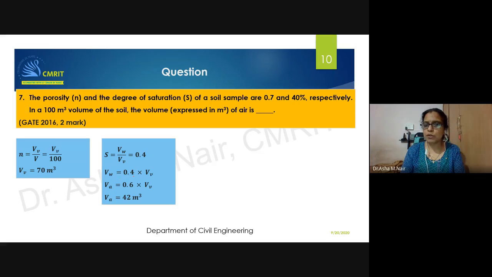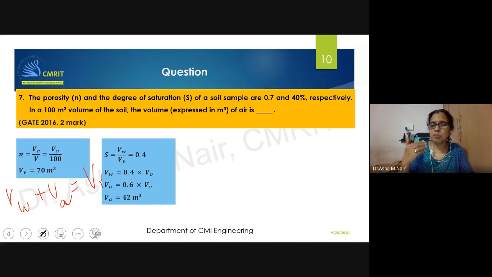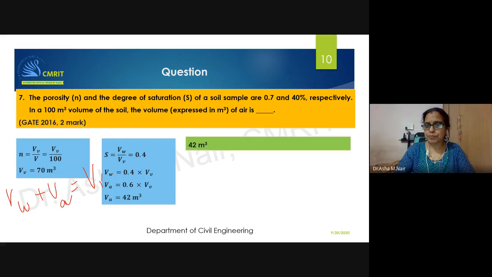So Vw value will be equal to 0.4 into Vv, which is 28, right? But you know that it is always Vw plus Va is equal to Vv. So if Vw is 0.4 times, definitely Va will be 0.6 times. So Va is equal to 0.6 of 70, which is nothing but 42 meter cube. So the answer for this is 42 meter cube, and it's a 2-marker question, which has come in GATE 2016.